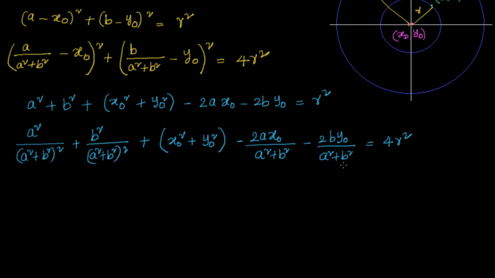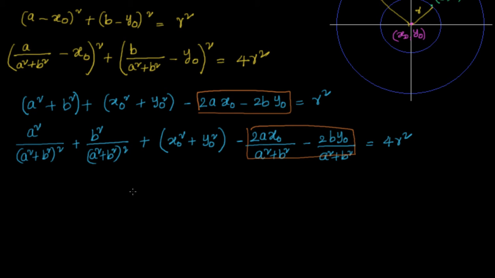Now we know about a square plus b square, that is what we have to find out, so we need it. We know that x naught square plus y naught square can be converted into r square, so we have to attack this part, 2a x naught and 2b y naught. For that we don't have much information and it is available in both the equations, so our focus will be to eliminate this particular term from both of them, so that we can equate that.